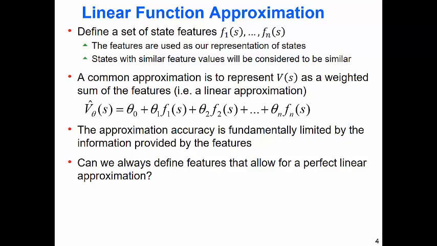We're trying to say, can we always define a set of features, regardless of what that vector is, that will result in the linear function exactly matching each of those values? Just think of this big vector, arbitrary values. How fine-grained can this linear function approximation actually be made to be?